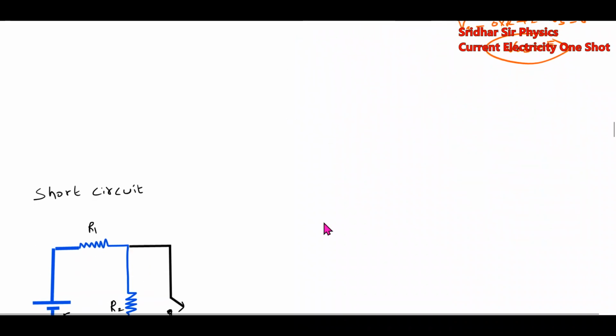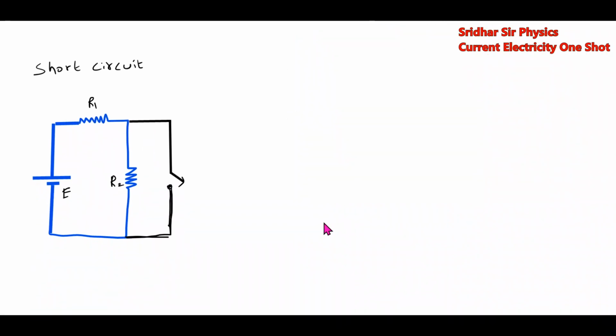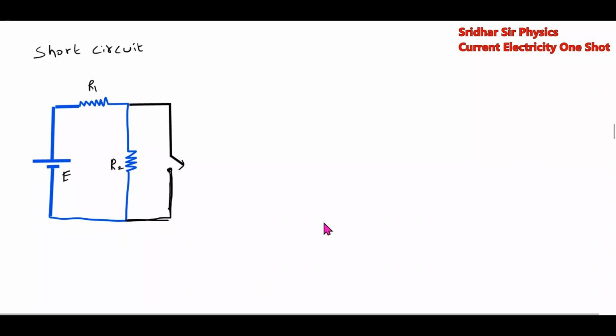Now we'll take the short circuit concept. So this is a circuit we have. Now the current I will pass through it. What is I equal to? The current through the circuit I is equal to E by the total resistance of the circuit, R1 plus R2. Now we are going to close the switch. There is a wire.